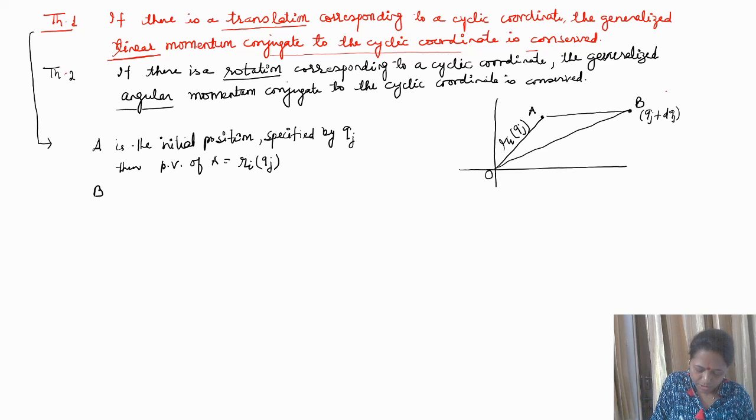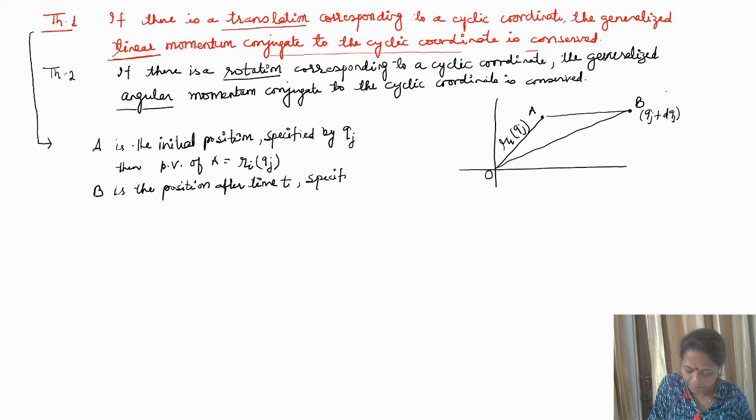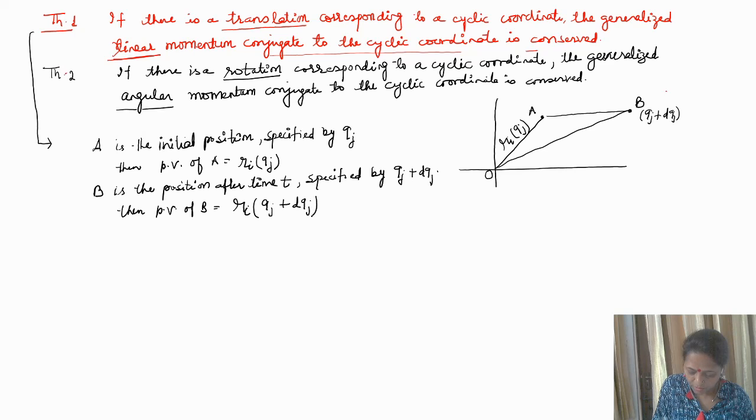So B is the position after time t, specified by Qj plus dQj. Then naturally the position vector of B will be specified by Qj plus dQj.